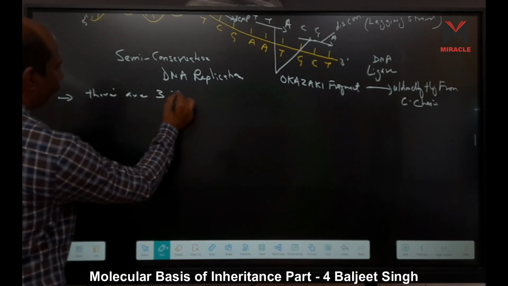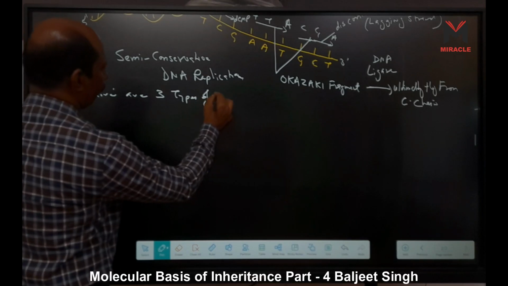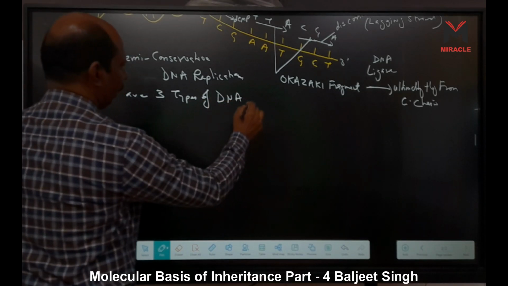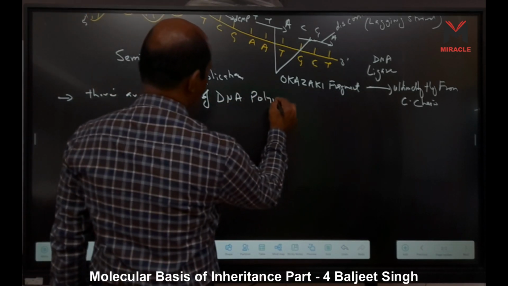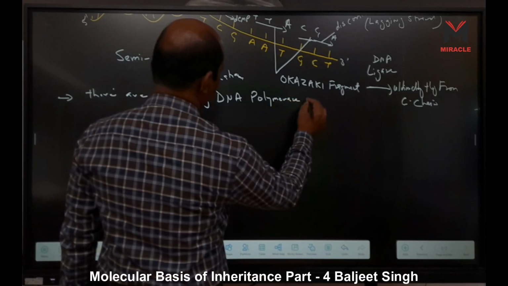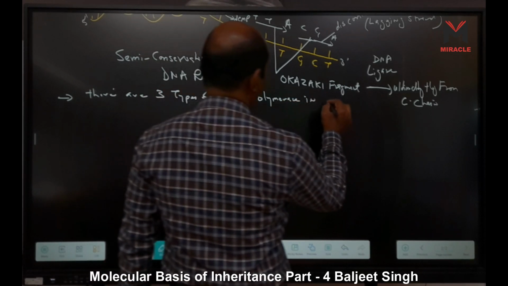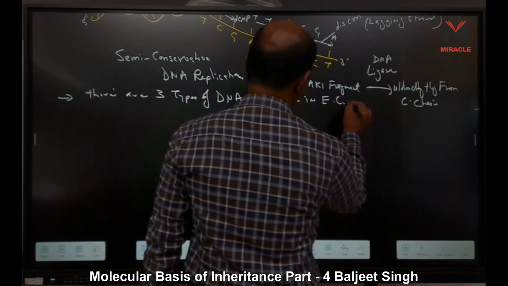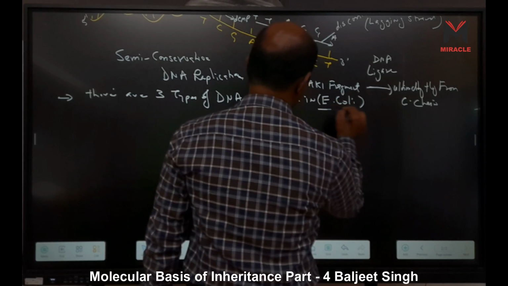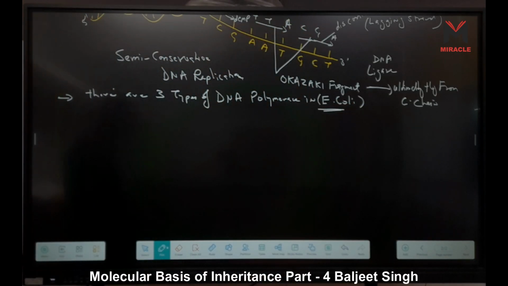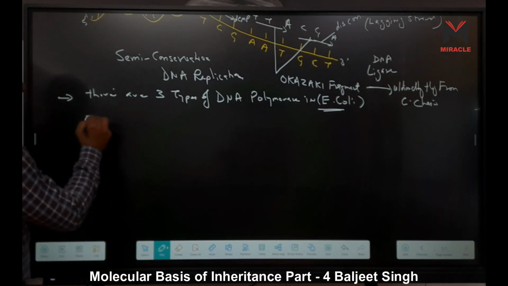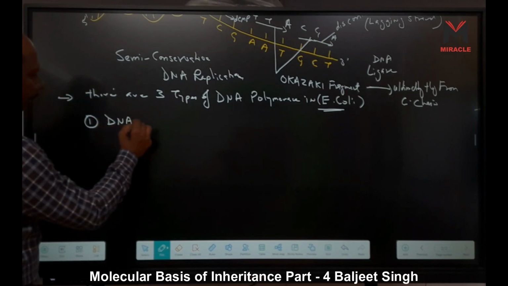Here, another point is that there are three types of DNA polymerase in prokaryotic cells. I write here E. coli. Simply, E. coli means it is for prokaryotic cells, right? Which ones? The first is our DNA dependent DNA polymerase.